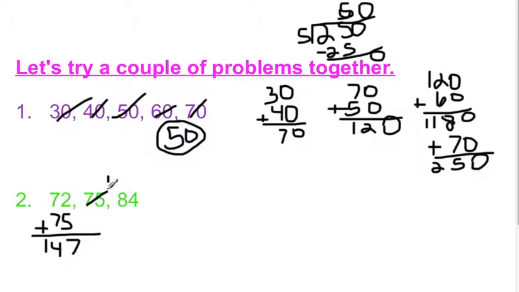So I'm just going to put it up here. 147 plus 84. I'm going to put the plus sign in there. 7 plus 4 is 11. There's 8, 12, 13. Carry the 1, and there's 2. 231 divided by 3, because there are 3 numbers.